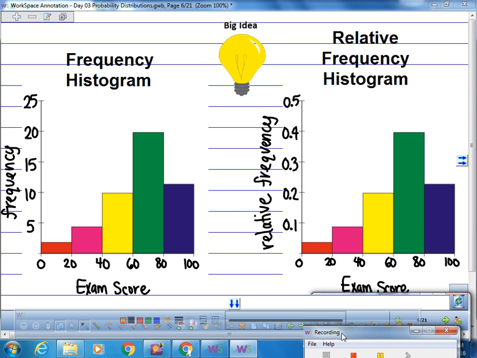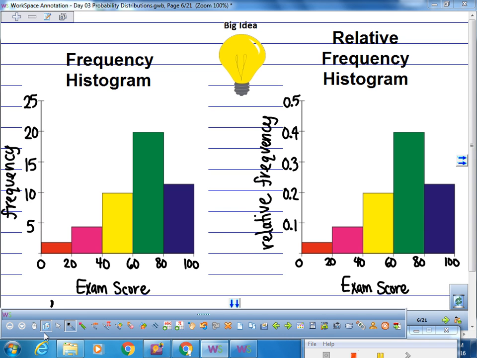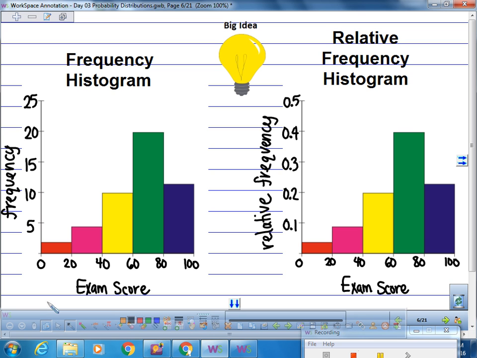This is what we did yesterday, a frequency histogram. If we're talking about exam scores, we've got our different exam scores down here, and over here we have the frequency that they occur. Between 0 and 20%, about 2 people got that.